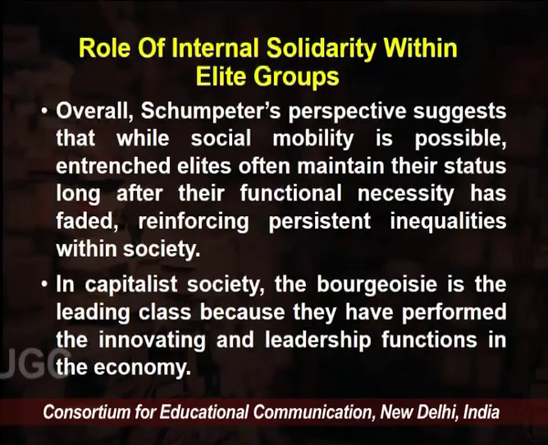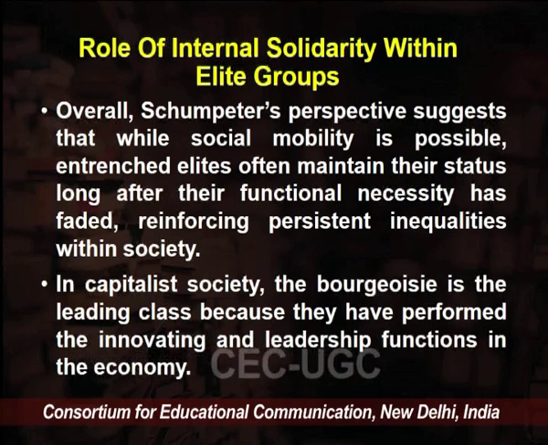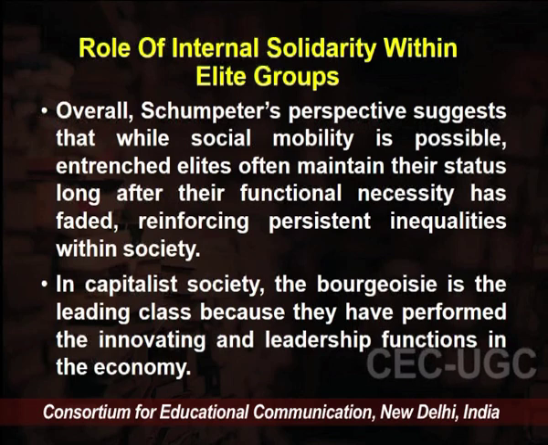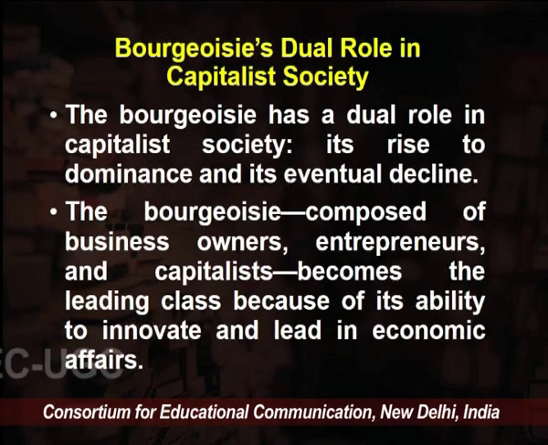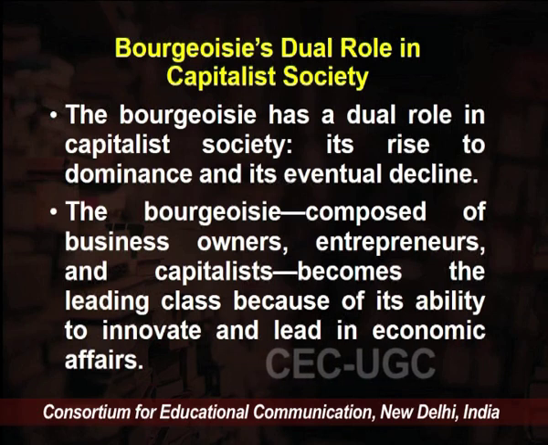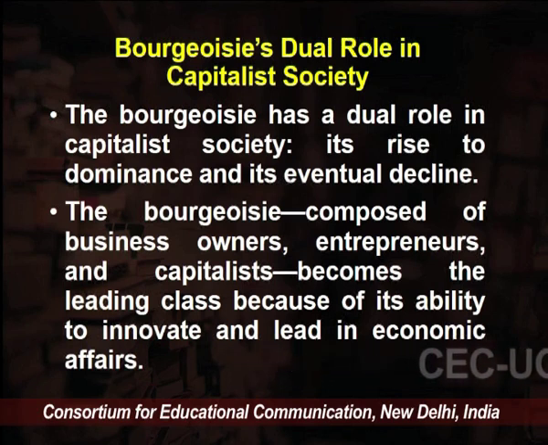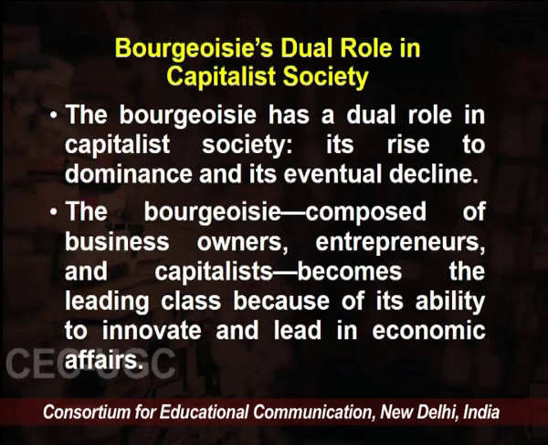In capitalist society, the bourgeois is the leading class because they have performed the innovative and leadership functions in the economy. The bourgeois has a dual role in capitalist society. And what are these two roles? The dual role: its rise to dominance and eventually its decline.